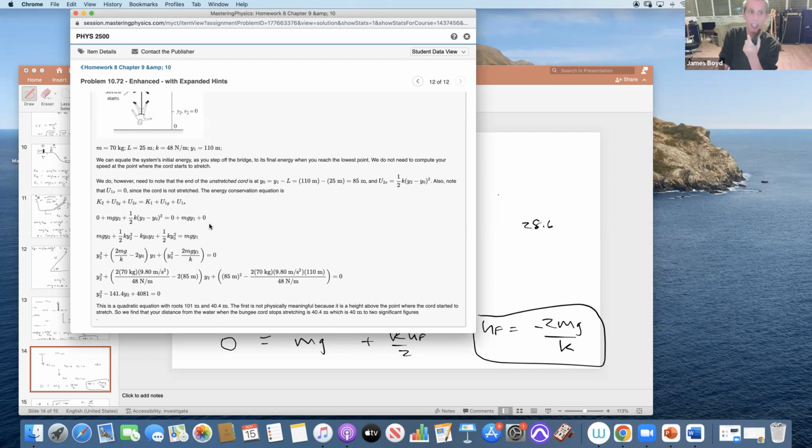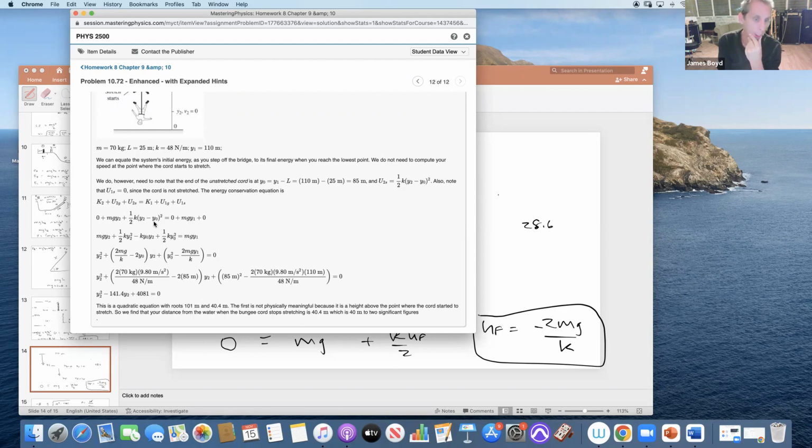But anyway, here's your answer, the way they did it. They did do a quadratic here. And they're saying that the initial energy is mgy2, one half k times y2 minus y0 squared. However, I maintain that you could say that y2 is 0. And furthermore, that y1 and y2 are equal.